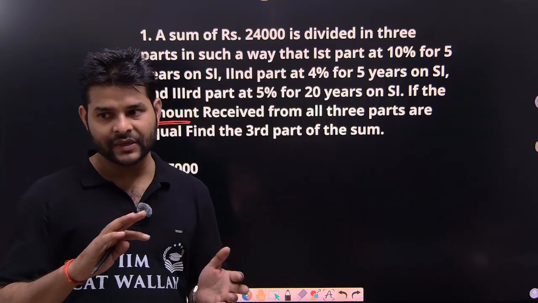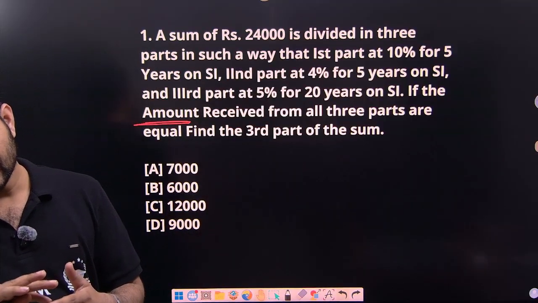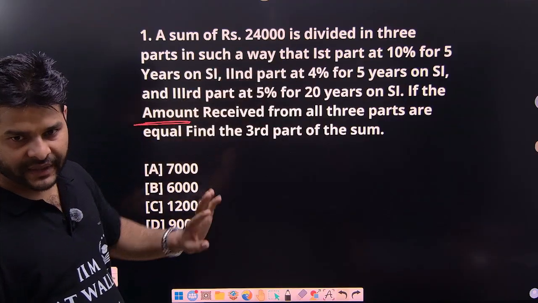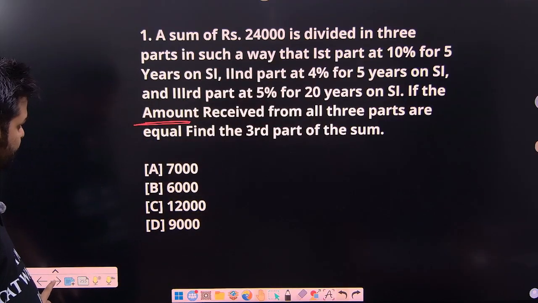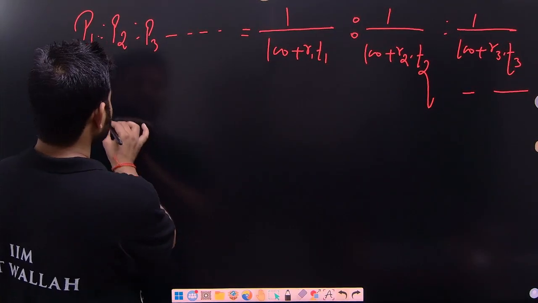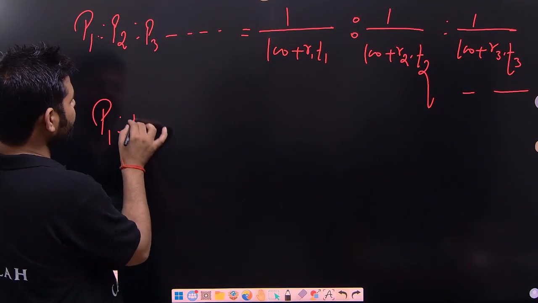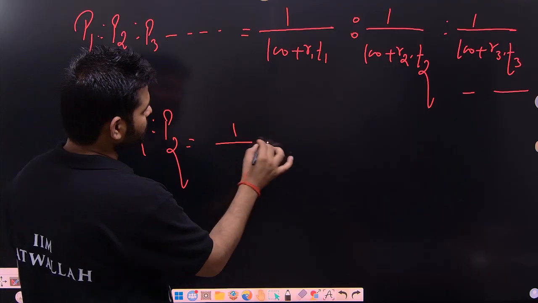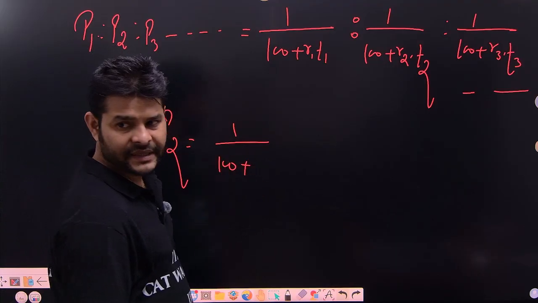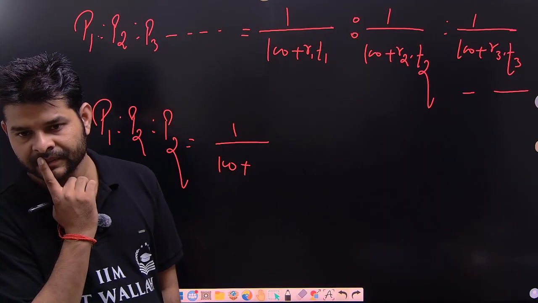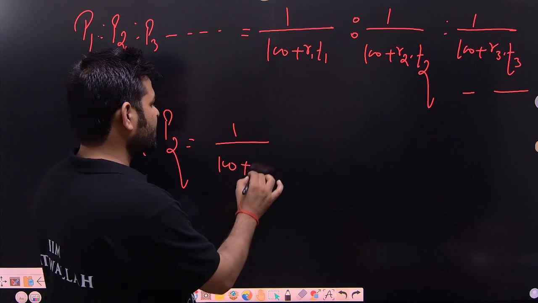If the amount is equal, then we need to add 100 plus. So now 24,000 is divided into 3 parts. The first part is at 10% for 5 years.